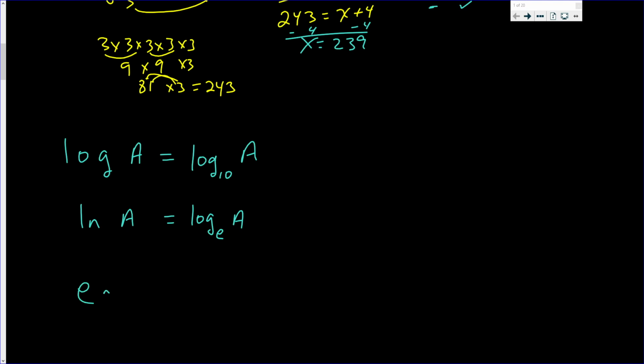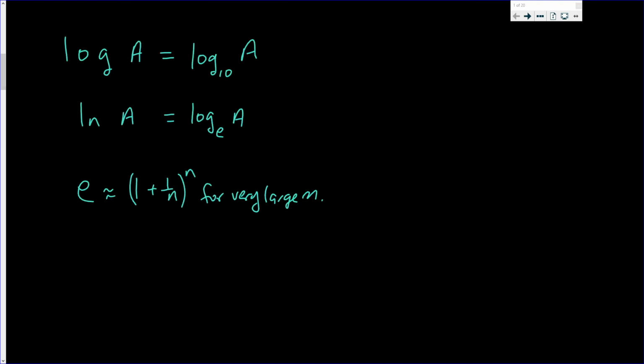E is approximately 1 plus 1 over n, to the n, for very large n. What on earth does that mean? That means that E is approximately 1 plus 1 over a very, very large number, raised to that large number, and you would have approximately E. If you say, well, that's not a good enough approximation, you know what?